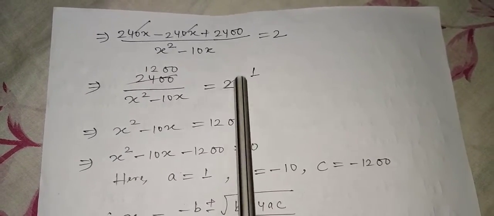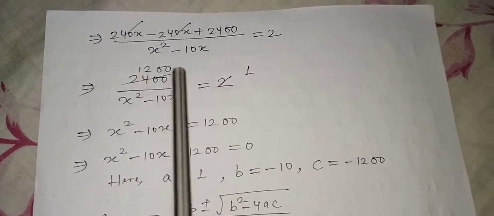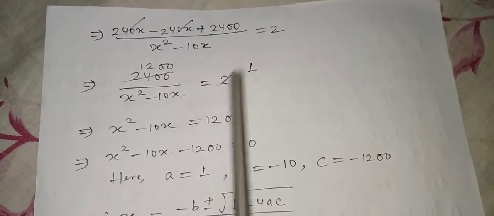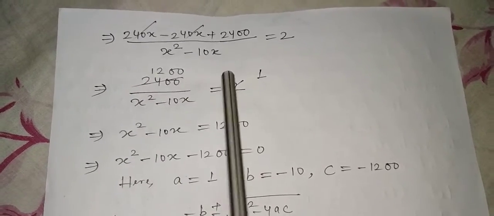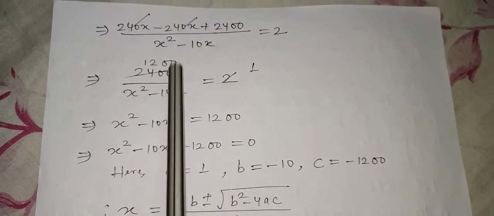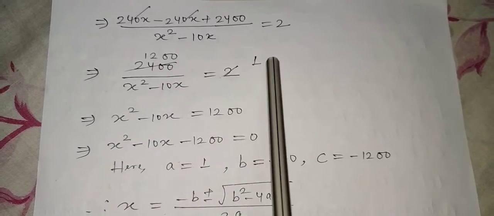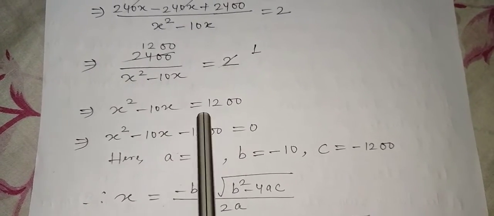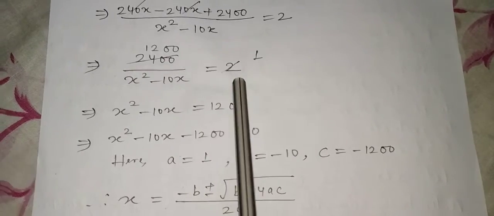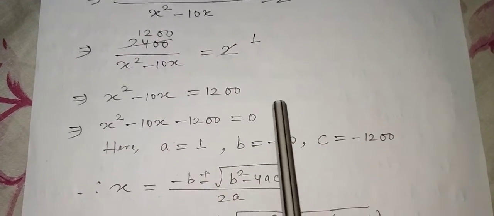Then at the top, in the numerator, I can cancel with 2: 2 ones are 2, and 2 twelves are 1200. So now I can do cross multiplication. Multiplying with 1, we get x square minus 10x equal to 1 into 1200, which is 1200.